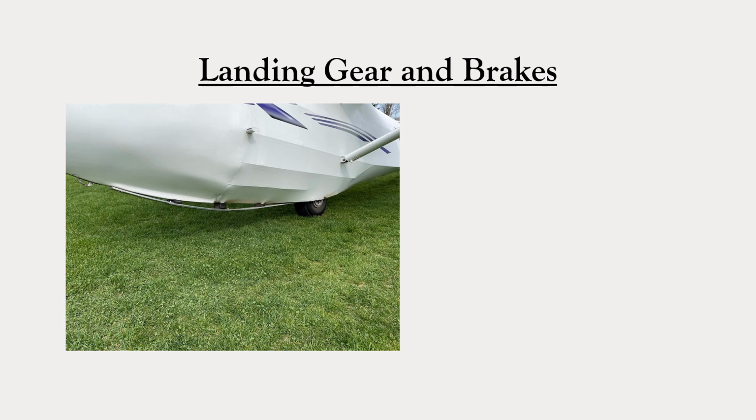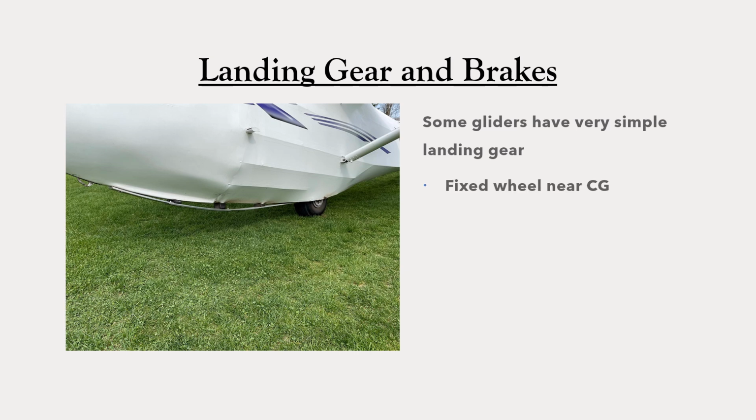So, landing gear and brakes. This is a picture of our 233, which has very simple landing gear. So we have a single wheel located in the center of the aircraft near the center of gravity.